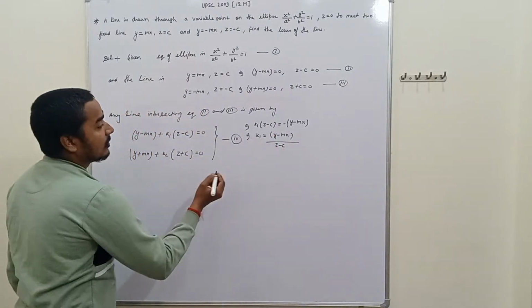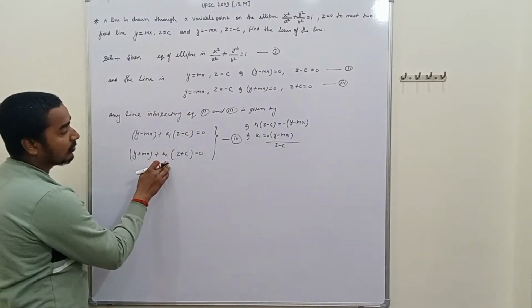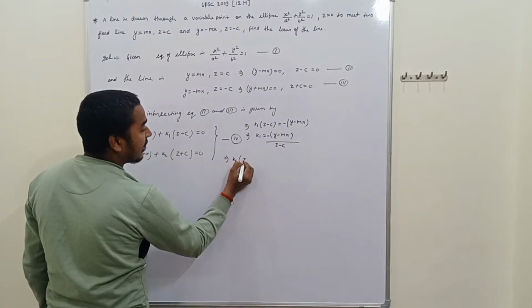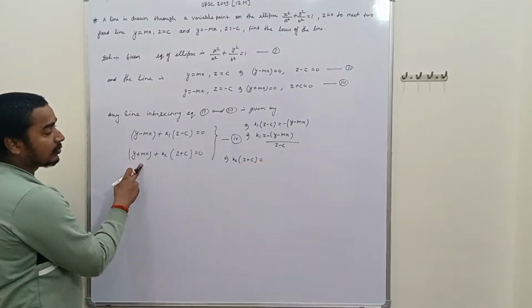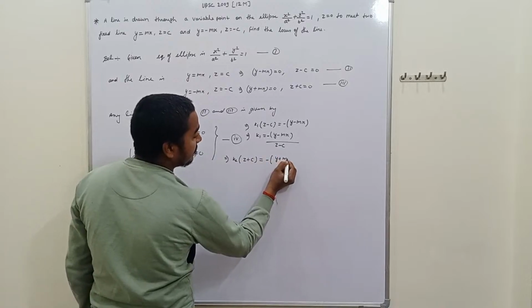And for k2, k2 into z plus c is equal to, taking y plus mx to the right hand side, minus of y plus mx.